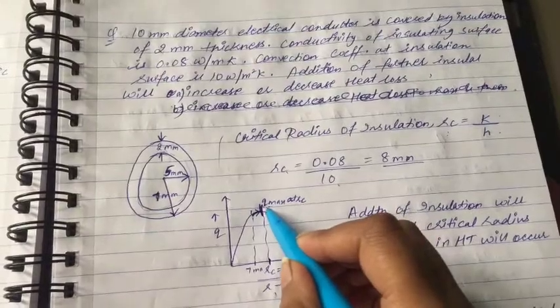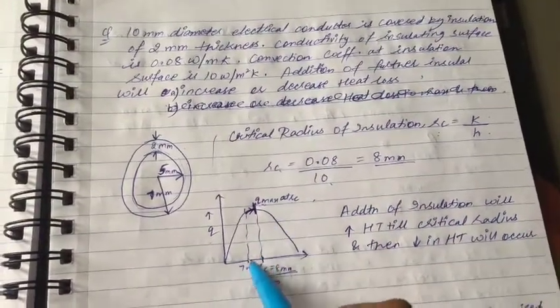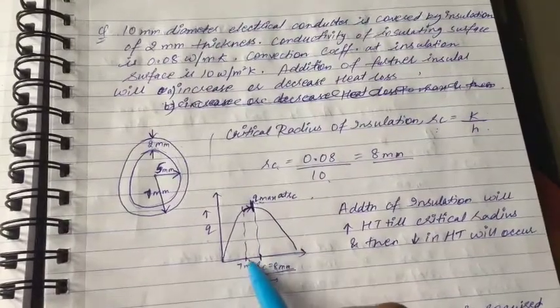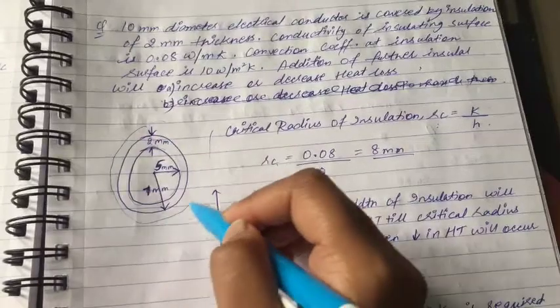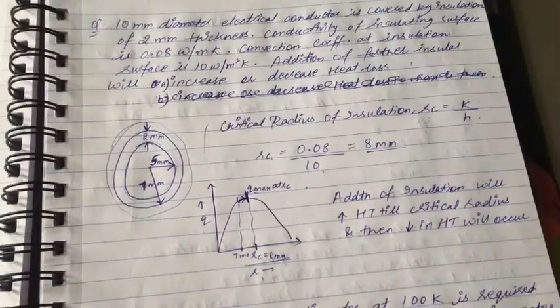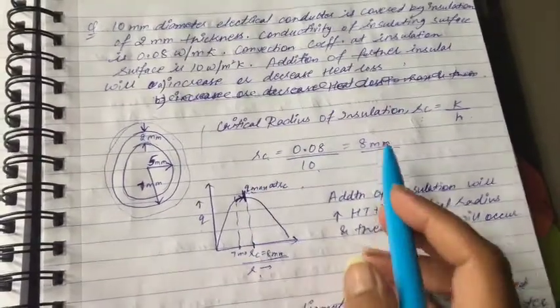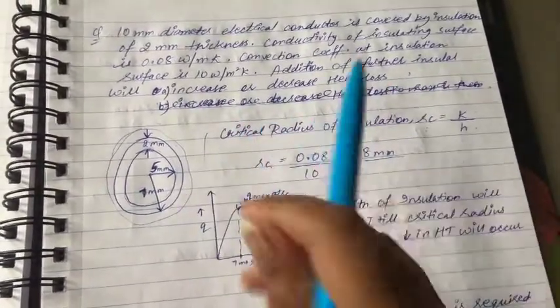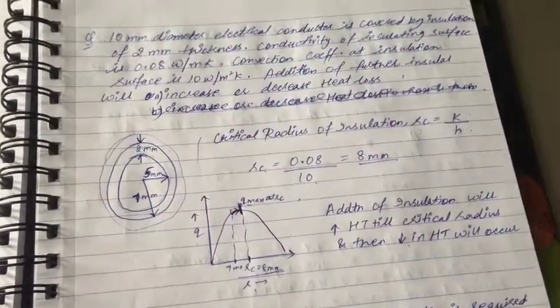So if we would further add insulation till the radius of 8 mm, like if we would increase the insulation by 1 more mm, till then heat transfer would increase. But after that, if we further increase the insulation, then heat transfer would decrease.